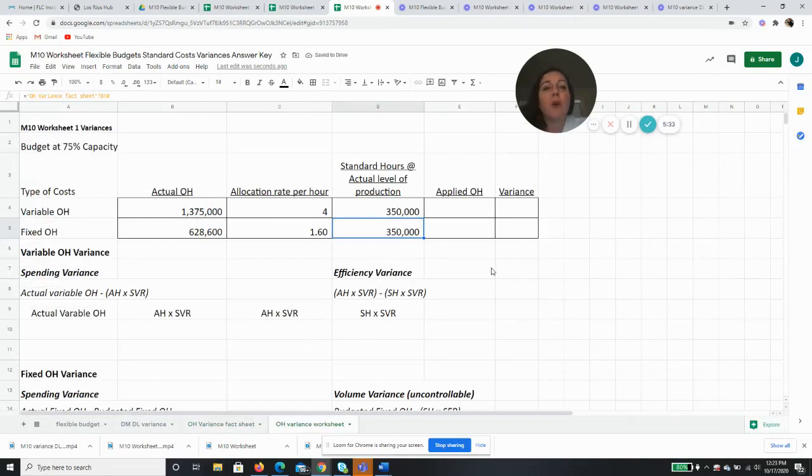All right, so if we applied overhead based on the standard at the actual level of production, then our allocation would be $4 an hour times 350,000 hours for variable, and $1.60 an hour times 350,000 hours for fixed.